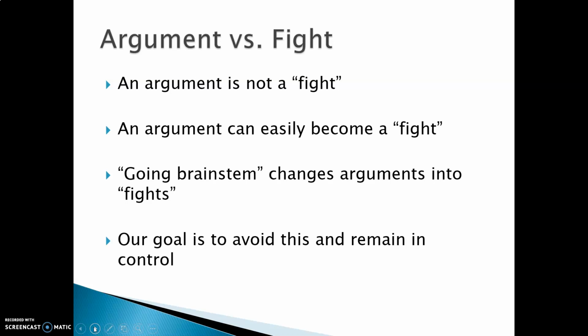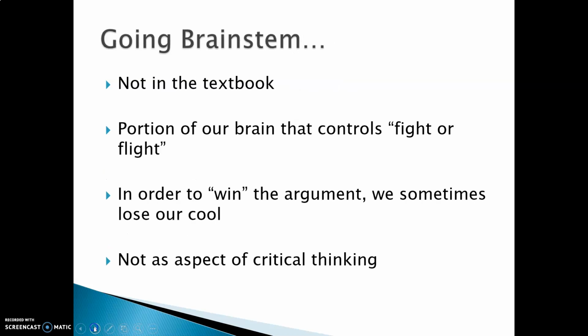When this happens, you're not thinking about presenting your side, you're thinking about winning. And this is a term called going brainstem. Going brainstem is what changes arguments into fights. Our goal as critical thinkers is to remain in control and not allow ourselves to go into brainstem.